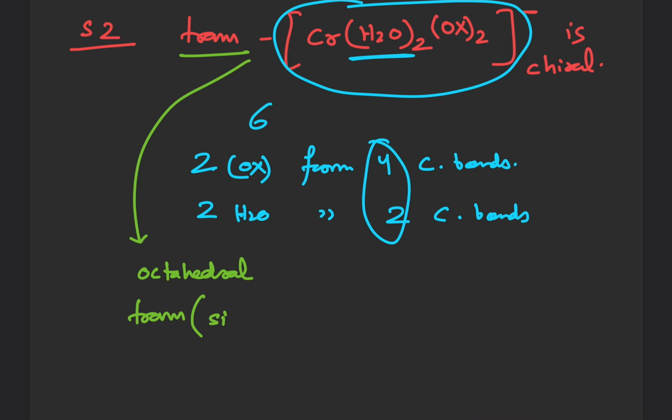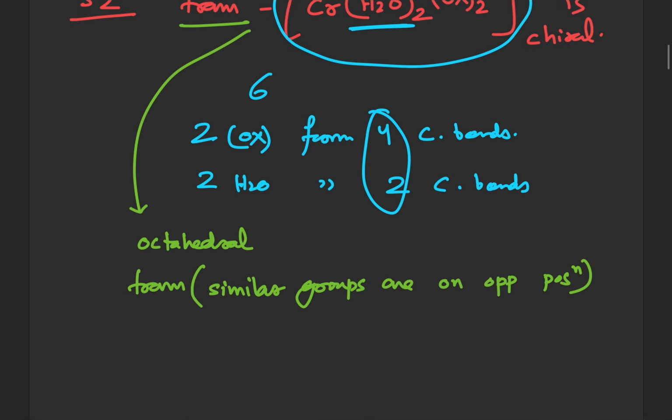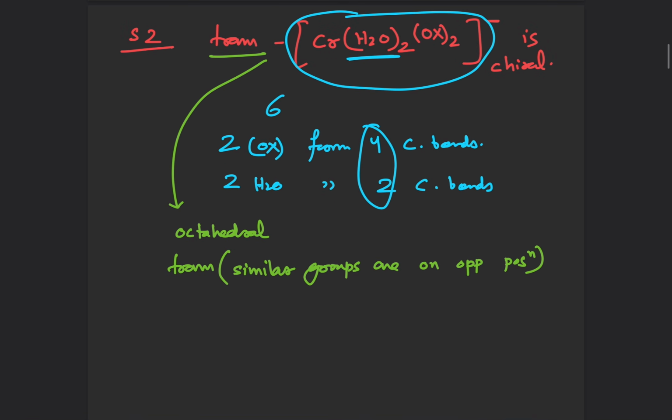So in trans, similar groups are on opposite positions. Therefore to draw this, I will keep one H2O above the plane of the screen and one H2O below the plane of the screen. So trans [Cr(H2O)2(ox)2]- will look something like this.